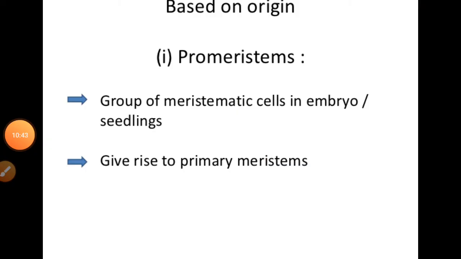On the basis of their origin, we can say they may be classified into categories like the protoderm, the procambium and the ground meristem, right? Starting with the protoderm: basically, these are the outermost portions of the primary meristem, found at the apex of the stem and the root. It develops into the epidermis.